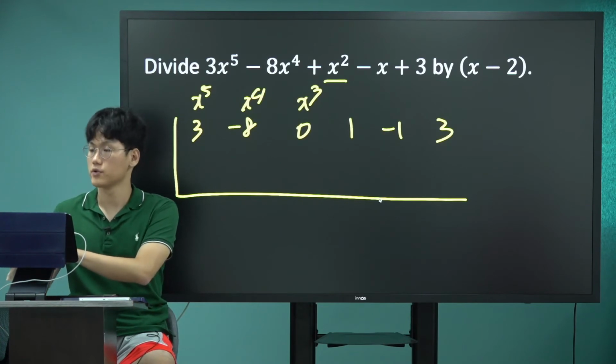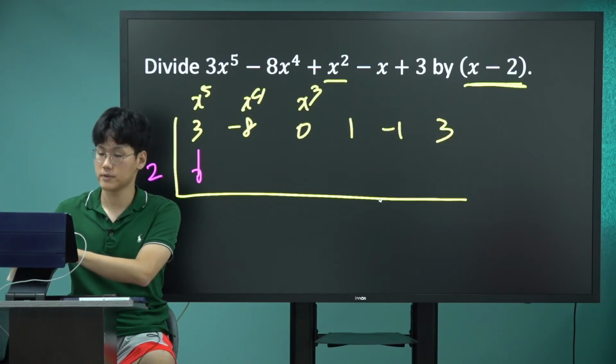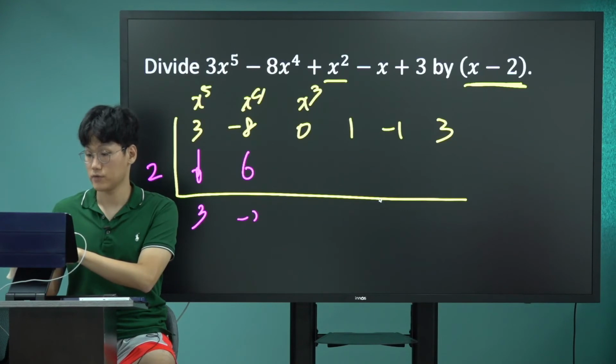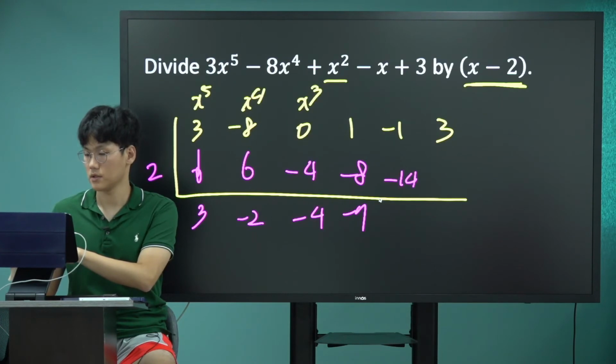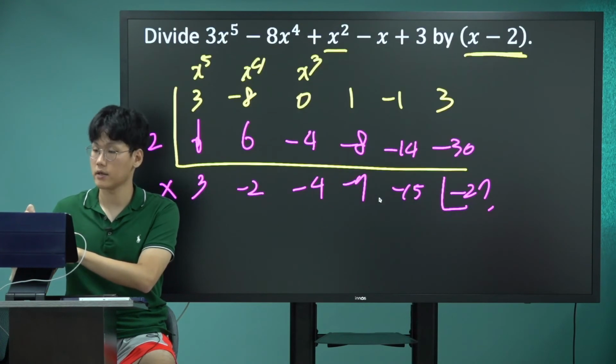Okay, then I have a root here. And what's the root there? It's 2. So 3 comes down, and I'm going to multiply, which becomes a 6, -2, multiply outside, -4, -8, -14, -30 will be -27. Okay, so then how can I rewrite this?